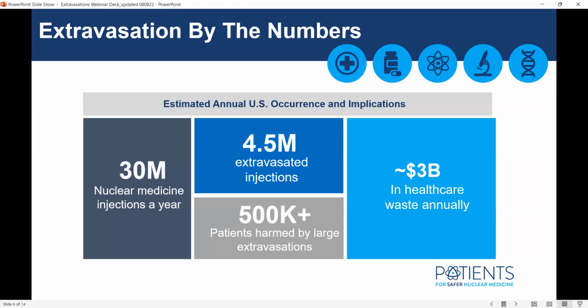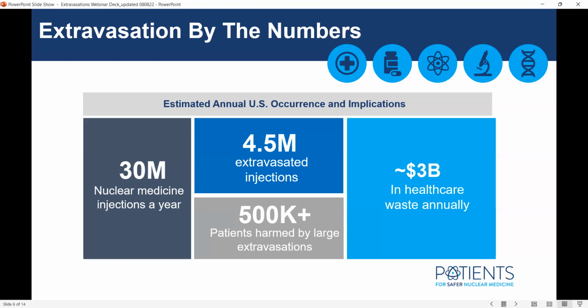This can come out to approximately $3 billion in healthcare waste annually. Just think of the patient I mentioned previously, where if he was not re-imaged, he would have spent 3 to 4 months of costly treatment for a cancer that had already metastasized.